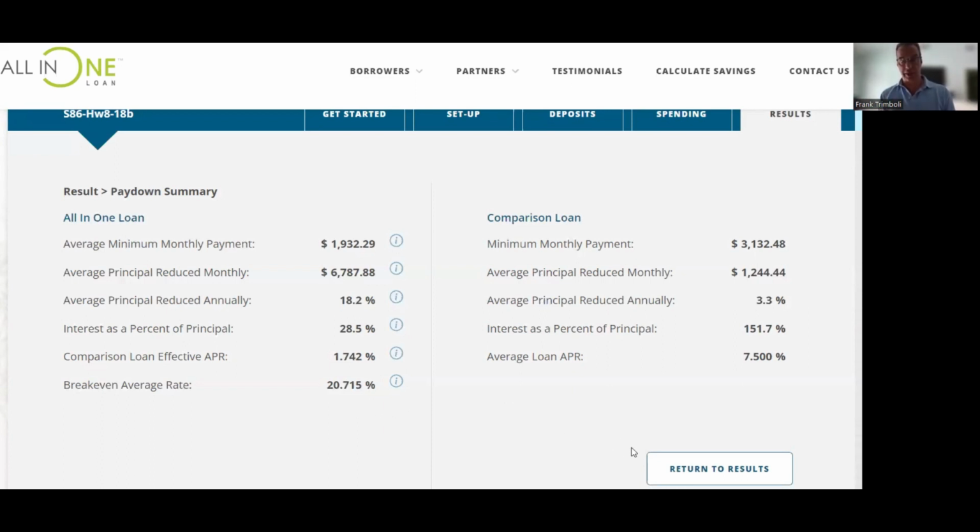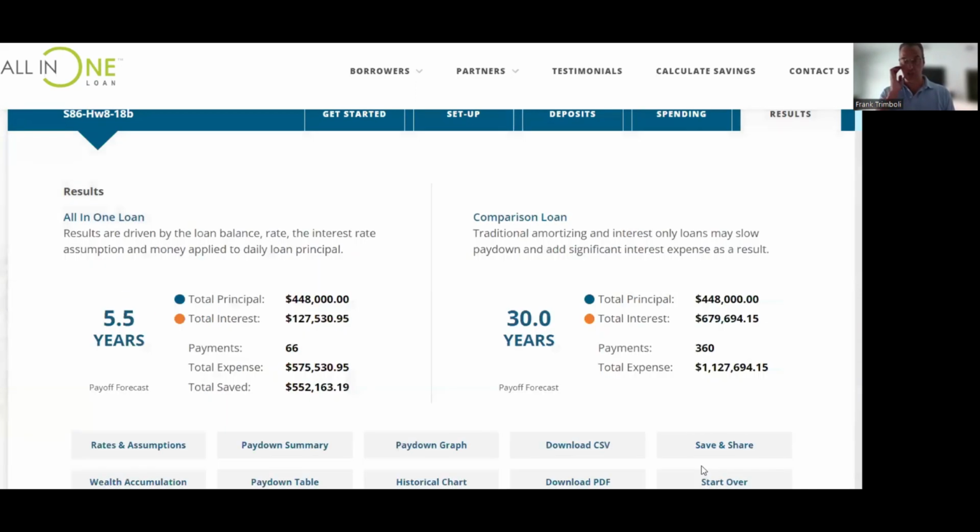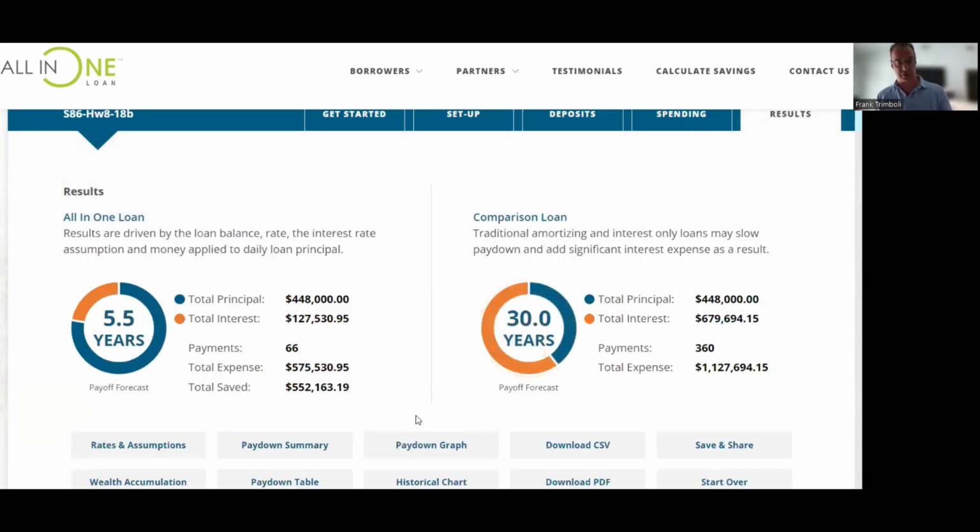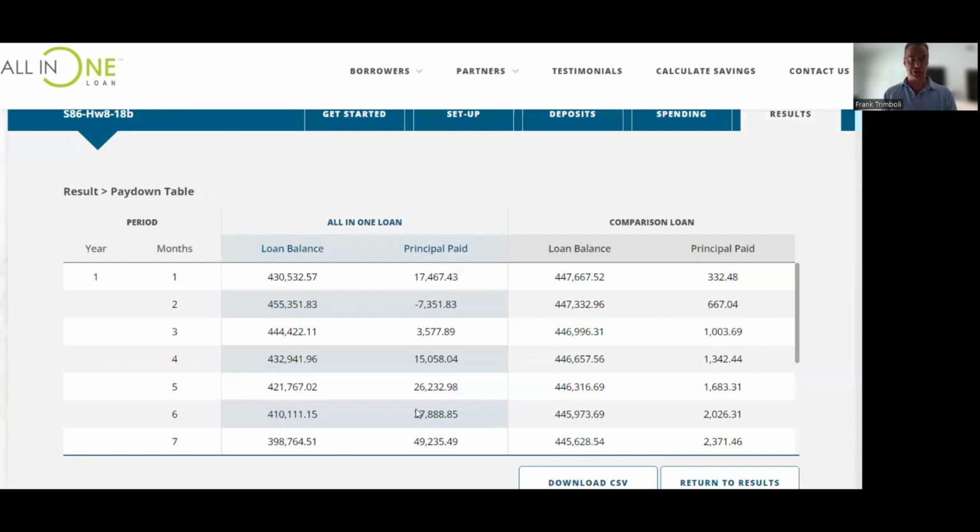All right, now we're going back to the return to results. Again, the return to results always gets you back to that home screen. And we're just going to go down to the pay down table, where it shows the amortization schedule. You can manipulate that and play with this. You can change your numbers accordingly to benefit you.